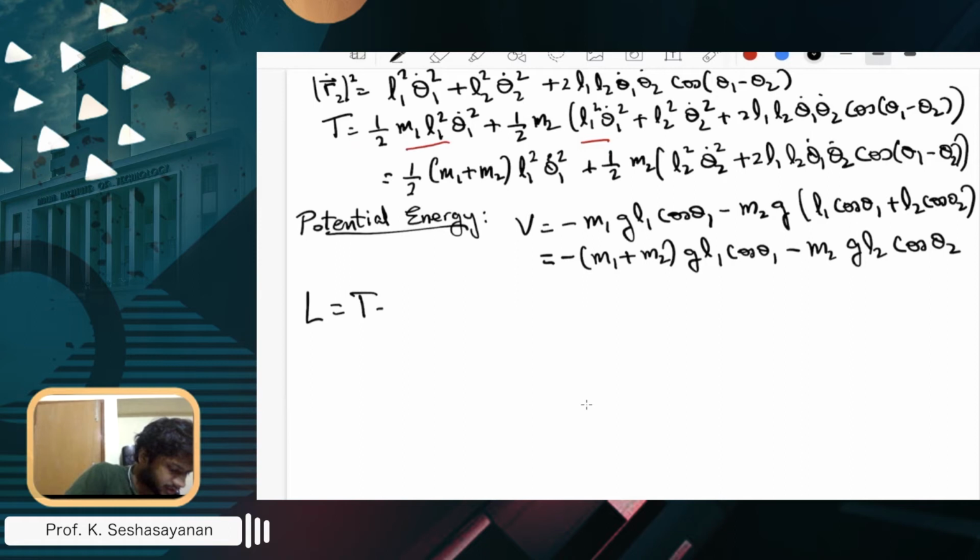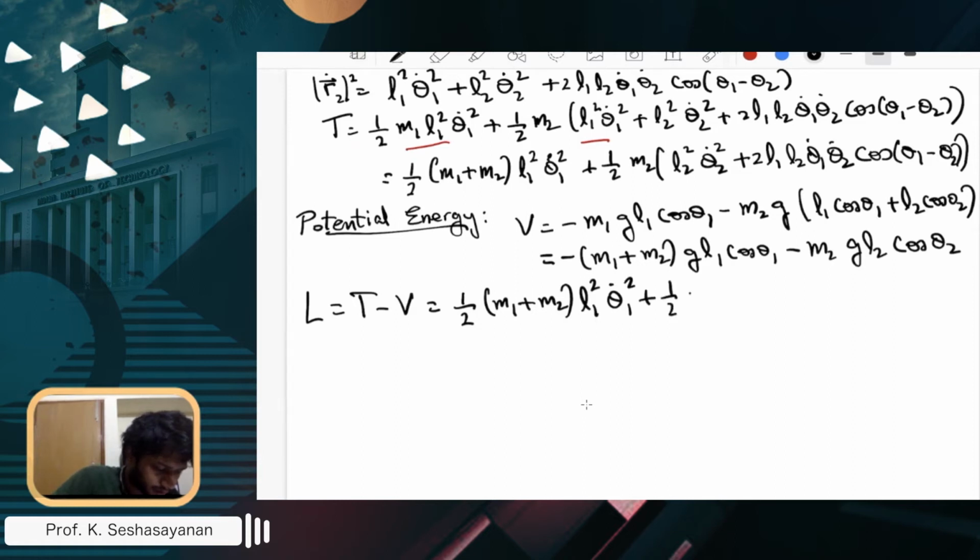And the Lagrangian is nothing but T minus V, and we write it as half m1 plus m2 l1 square theta 1 dot square plus half m2 L2 square theta 2 dot square plus 2 L1 L2 theta 1 dot theta 2 dot cos of theta 1 minus theta 2.